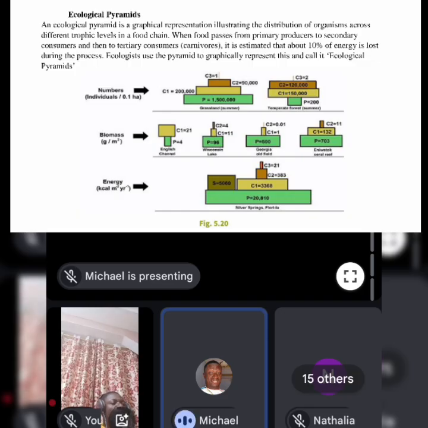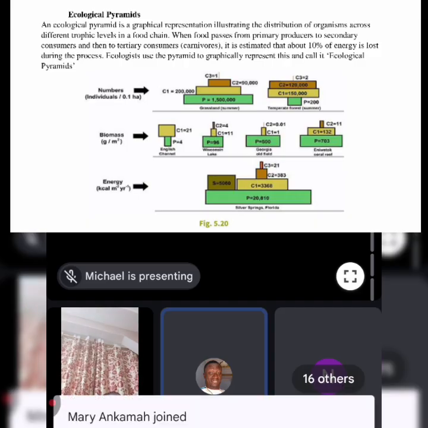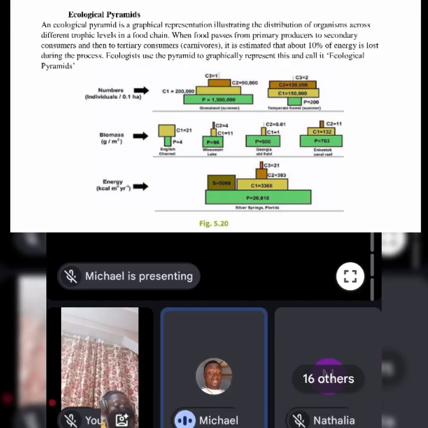So we see we have so many grasses compared to the grasshoppers. The grasshoppers wouldn't be more than the grass on a field. That is natural. So if we have more grass, maybe 1,500,000 of them, at least we will have fewer grasshoppers, which is approximately 200,000. But that is even too many.